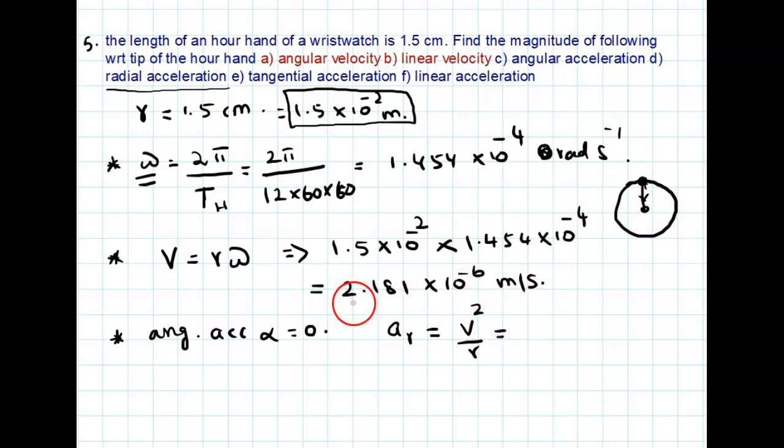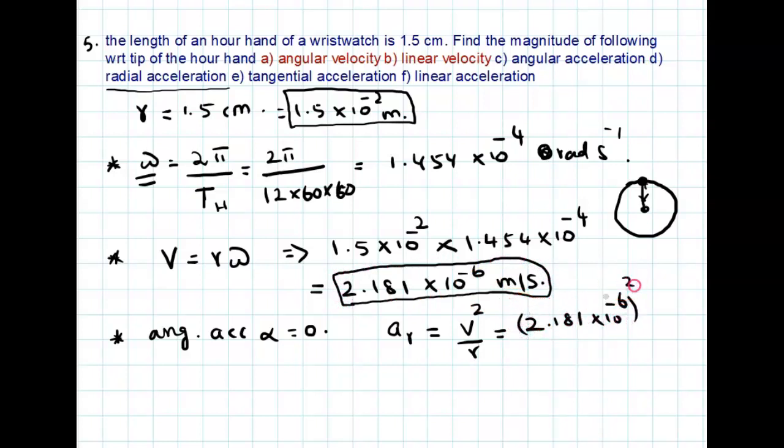The linear velocity v is 2.181 times 10 to the power minus 6, whole squared, divided by the radius. The radius is here 1.5 centimeter, so 10 to the power minus 2.